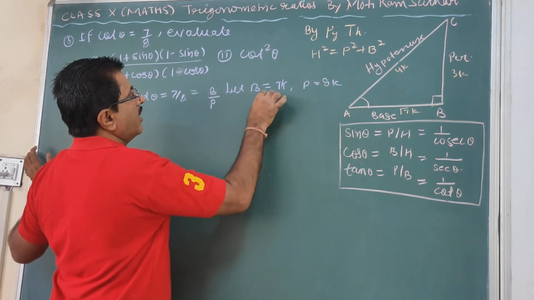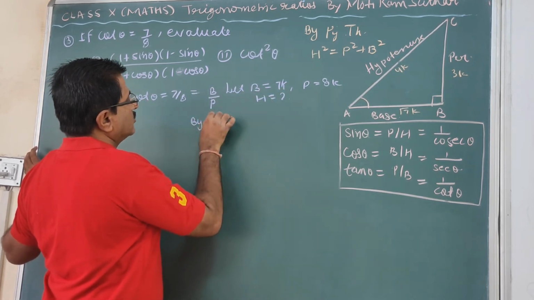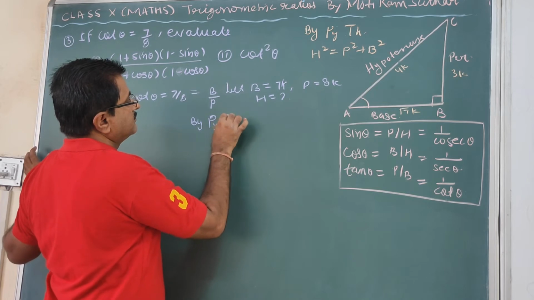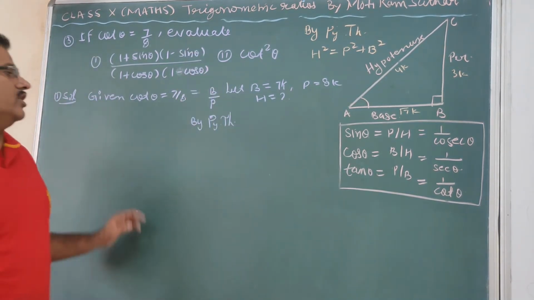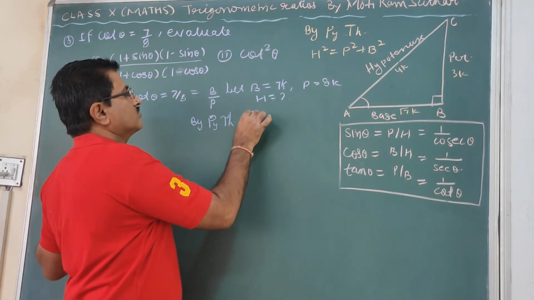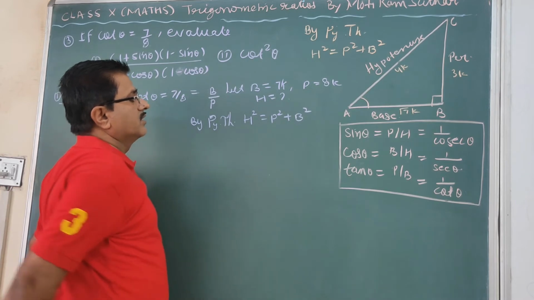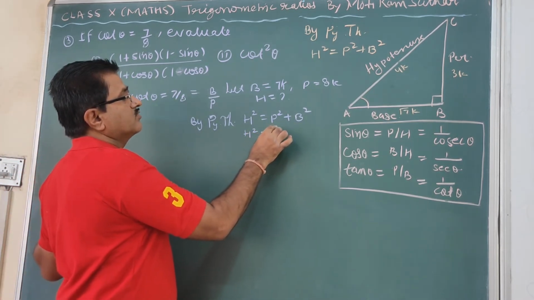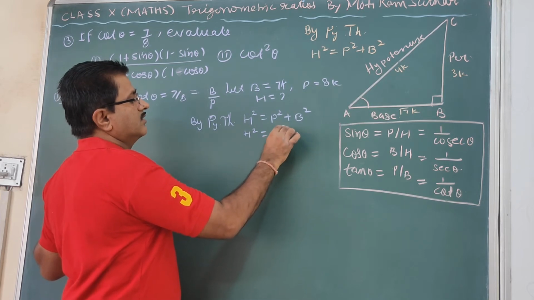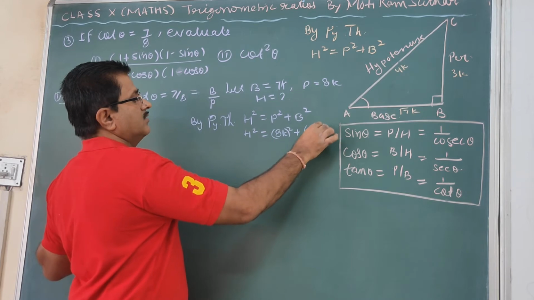So we have to find h by the Pythagoras theorem. We use the Pythagoras theorem again, so h square equal to p square plus b square. P square is 8k whole square plus b square is 7k whole square.